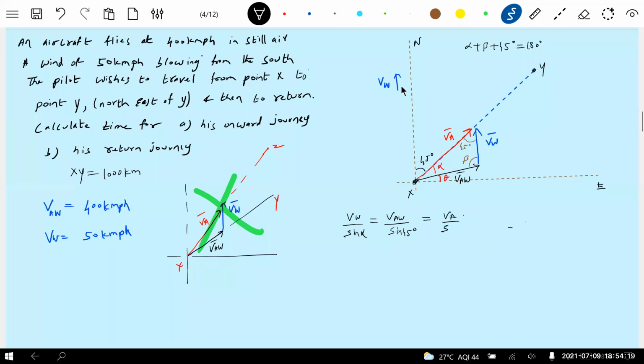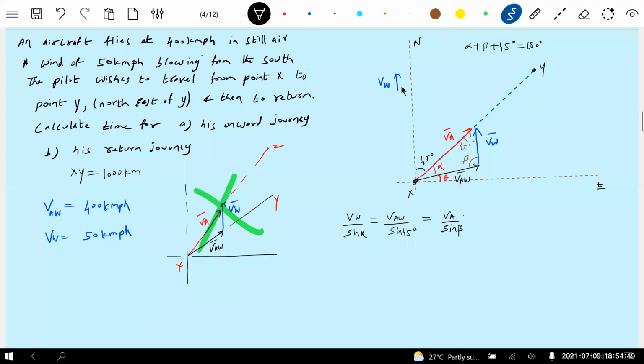Sir, can we say that VAW sine theta is equal to VW, sir? No. Why not? How come? See, the way. Okay, yes sir, understood, sir. I understood where I'm wrong.